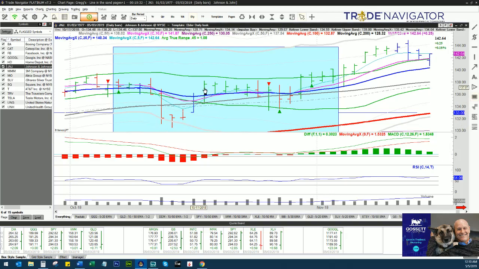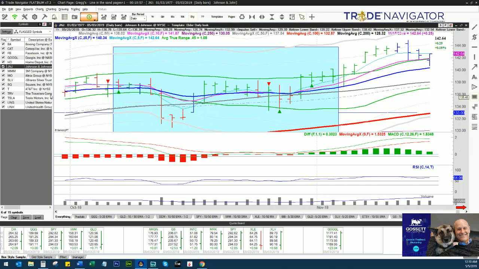I'm looking to maybe make 1%, 2%, get out if it fails at that 50 RSI above it, then wait to see if it will come down and make a lower low again, or if it will attempt to go down, but then go back up. And then I know I have a higher low in place, which is just always a great thing to have under your feet, that higher low.